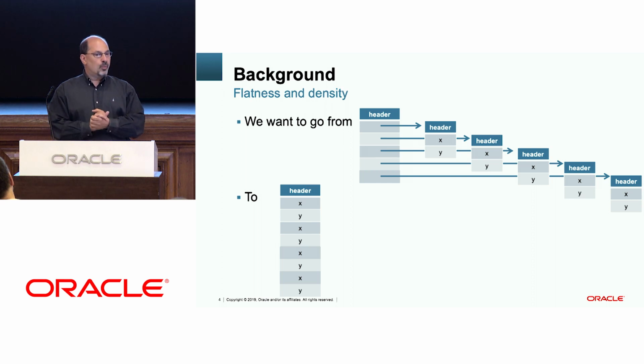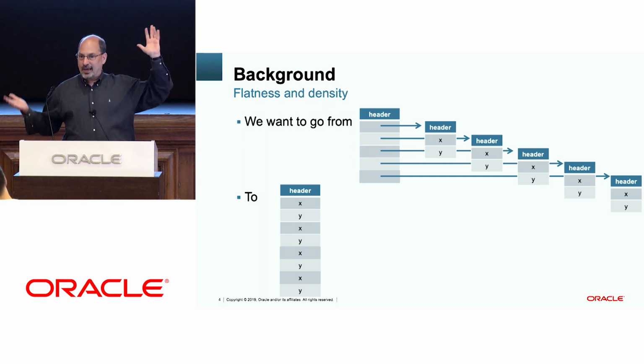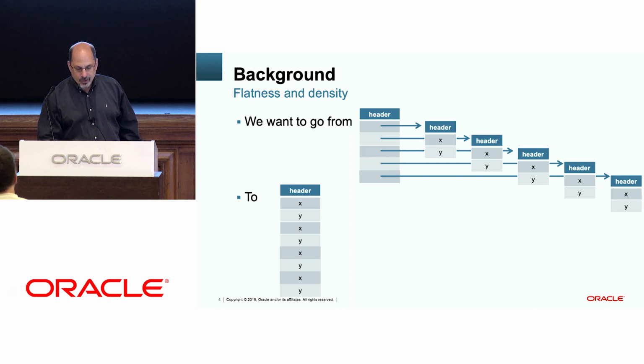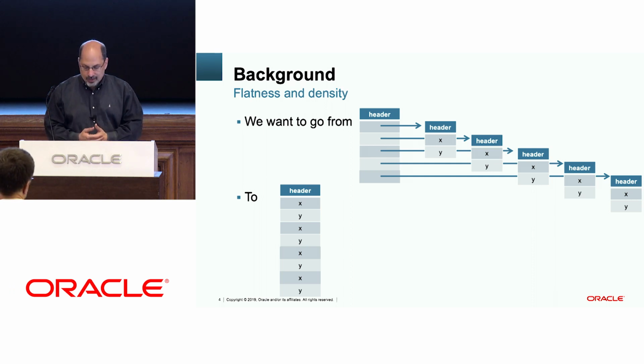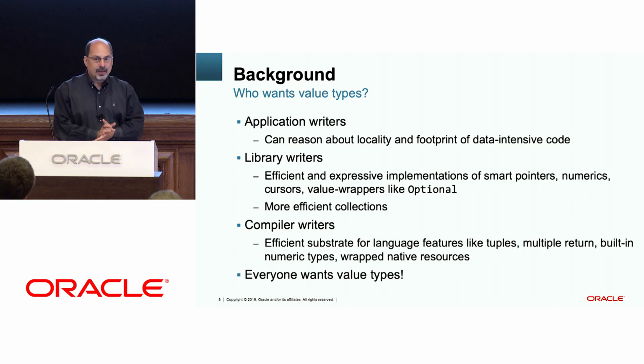A lot of the time, when people want an array of XY points, what they really want is the layout on the bottom, which is just lay out XY, XY, XY, and be done with it. So that's what we assume the user wants, and we would like to be able to take cues that the user has given us and give us that layout.